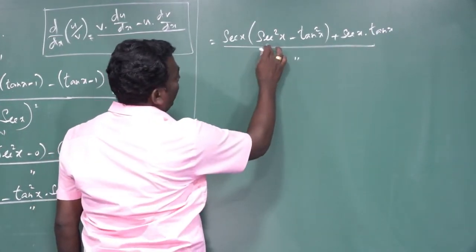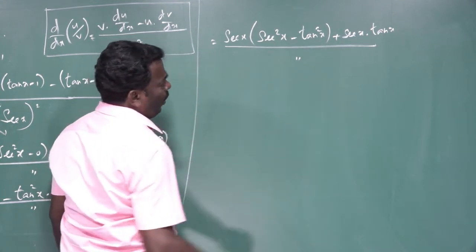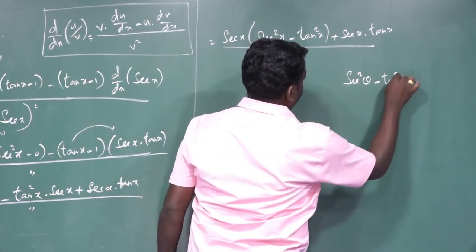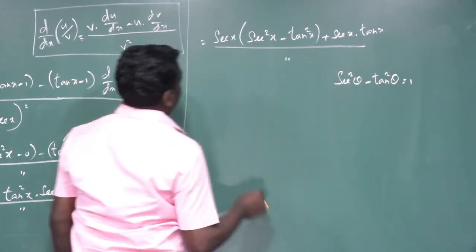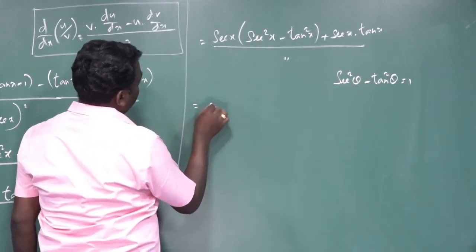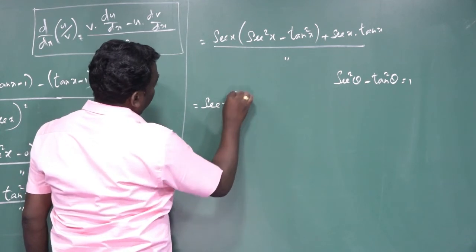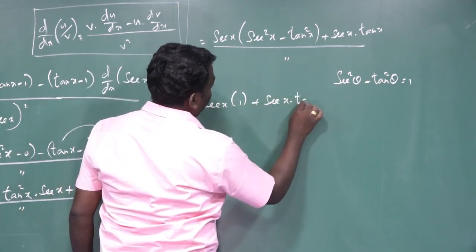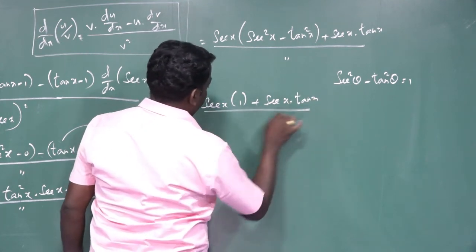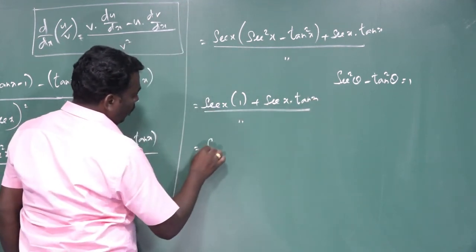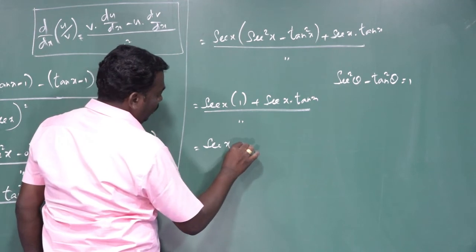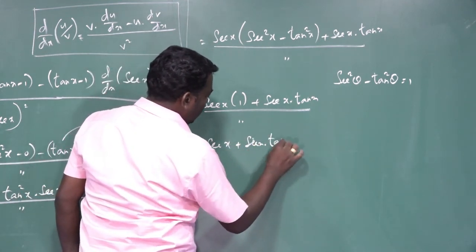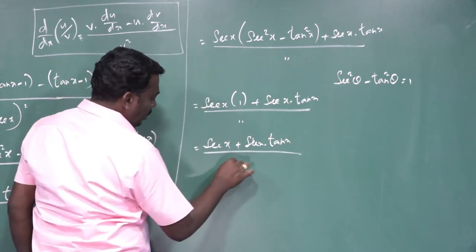We know secant squared theta minus tan squared theta equals 1. Therefore the bracket value becomes 1, giving secant x into 1 plus secant x into tan x over the same denominator, that is secant x plus secant x into tan x.